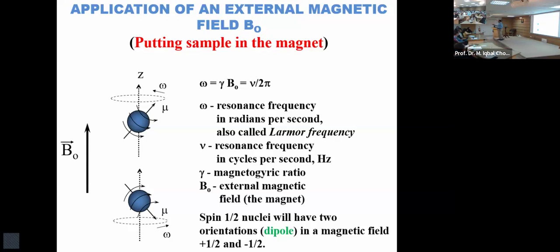When they divide into quantized energy states, they can absorb radio frequency now because they can move from one state to the other. Second, at this stage, they start precessing.